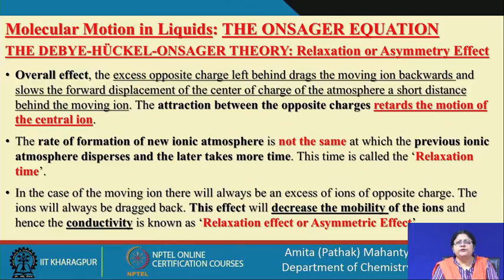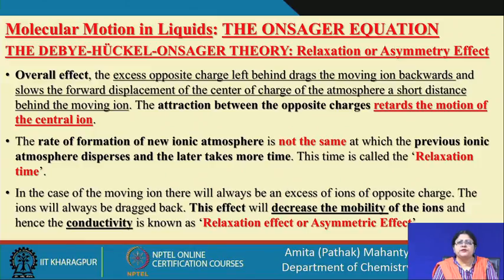The rate of formation of the ionic atmosphere is not the same for the ion which is moving forward. The previous one has not completely disappeared and the new one is not completely formed. So, there is a relaxation period, and that is why we call this the relaxation effect.